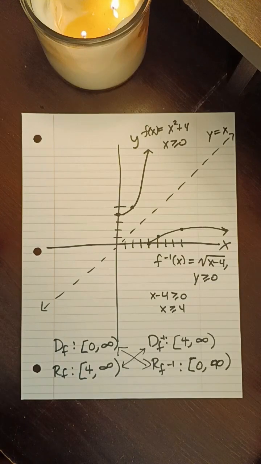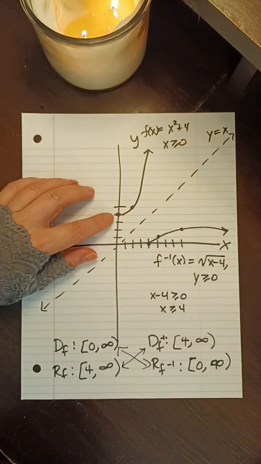So inverse functions undo each other. And that comes in handy when you start solving certain equations. For example, exponential equations. So if we look at the points, just look at these points real quick.